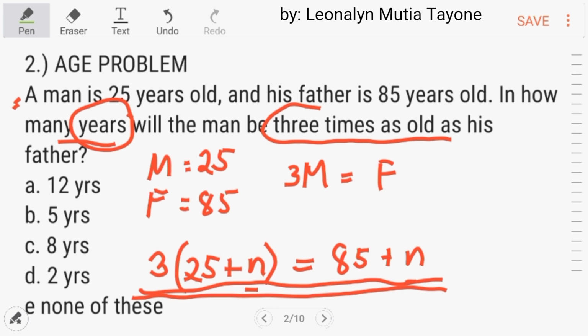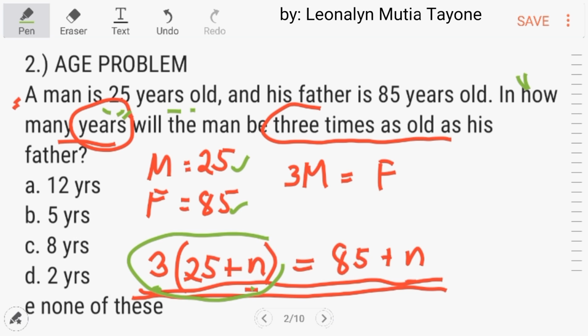Uulitin ko lang para mas klaro. A man is 25 years old, okay? And his father is 85 years old. In how many years will the man be 3 times as old as his father? In how many years, let n be that years. So 25 plus n, i-multiply mo ng 3 kasi 3 times man siya.